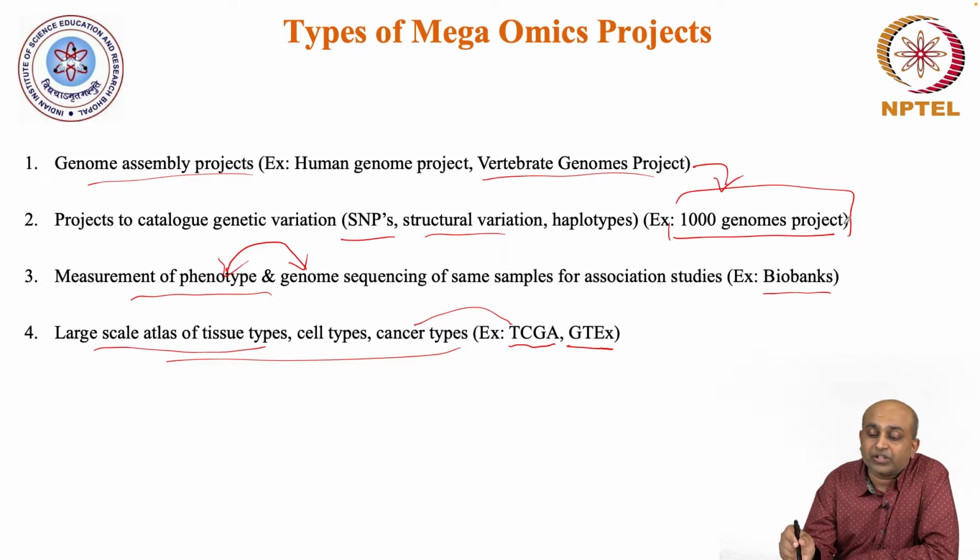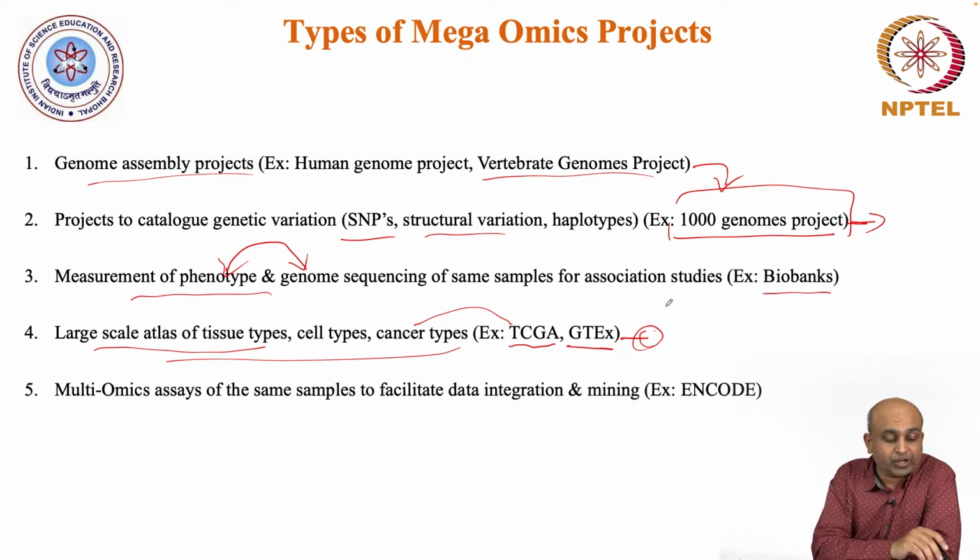So it's a combination of your 1000 Genomes project, where only the SNPs were being catalogued, and a gene expression map. Both of them are being done for the same individuals, so that you can look for associations between gene expression change and variation in the genetics.